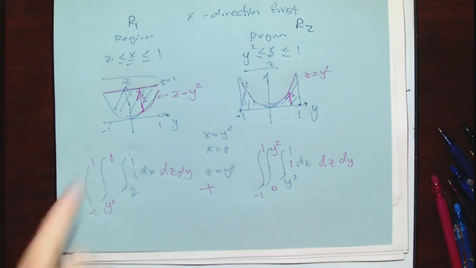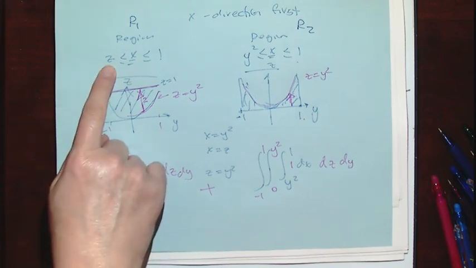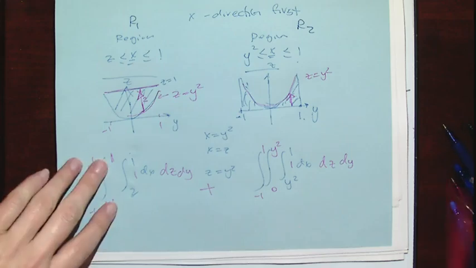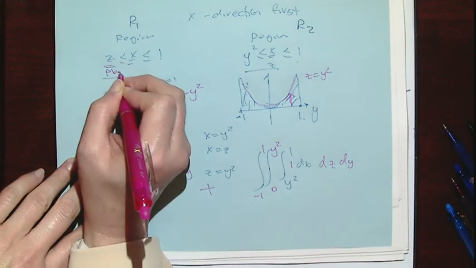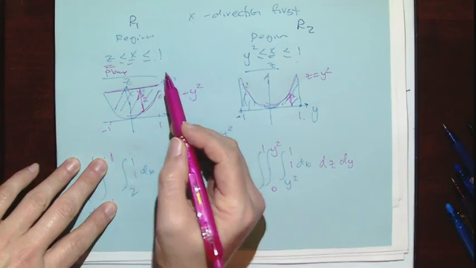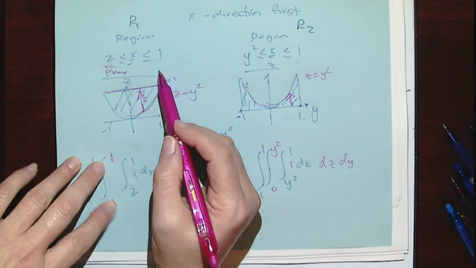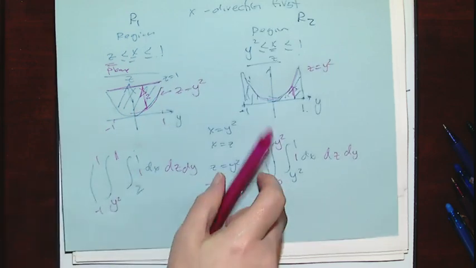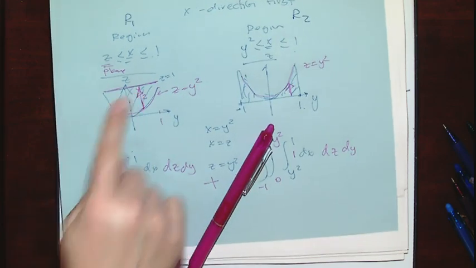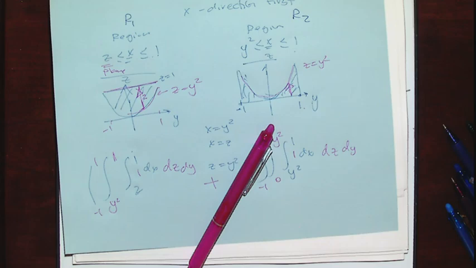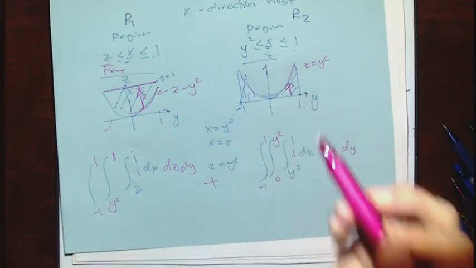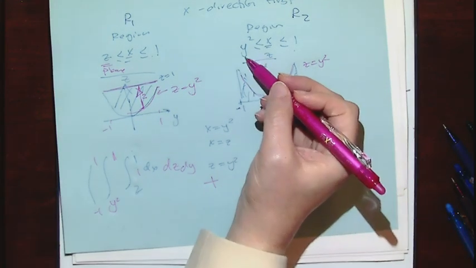The red is the plane. We start at the plane. Here's the plane. And we end at 1. Red is up there, right? And then the other one starts at the cylinder.